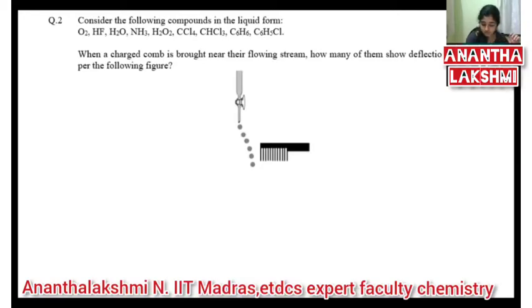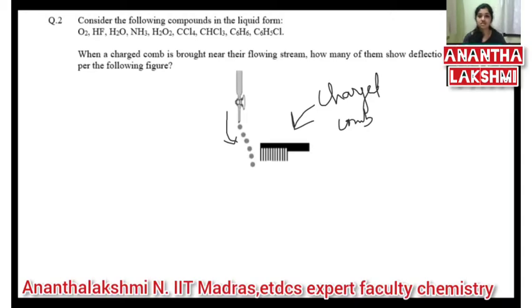What you see in the figure is a comb, and we are bringing these compounds near this comb. This is a charged comb, and this is showing deflection. So we are asked to find how many of these show this deflection.